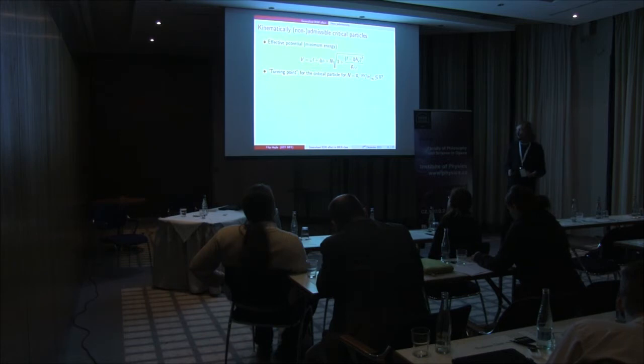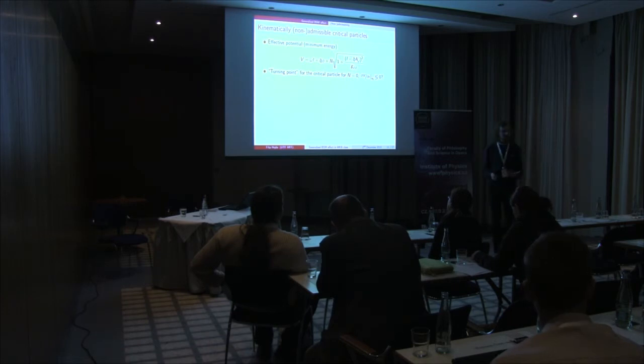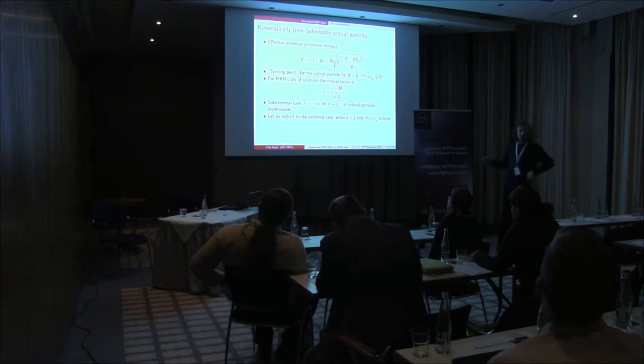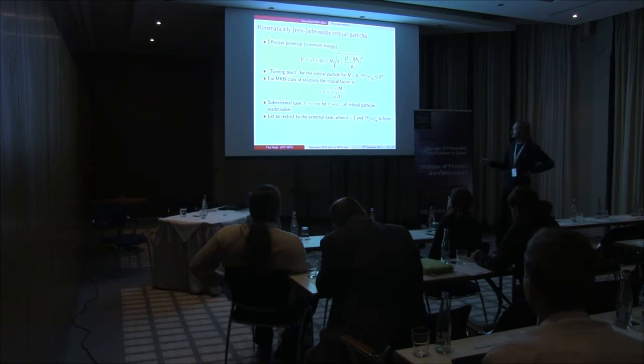But what is important is whether the derivative of this effective potential is positive or negative at that point, because that tells us whether the critical particle can approach the horizon or whether its motion is forbidden near the horizon. For the MKM class, if we calculate the derivative of this effective potential, it turns out that there is a crucial factor which looks like that.